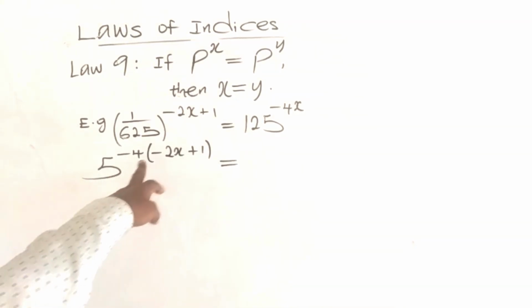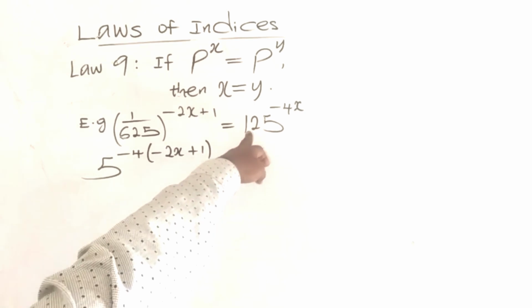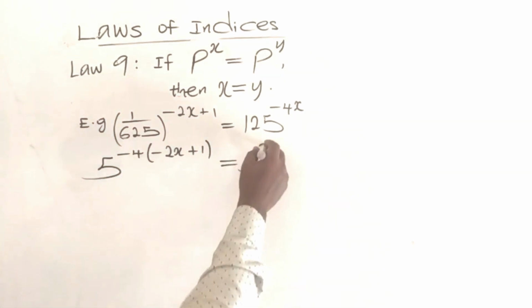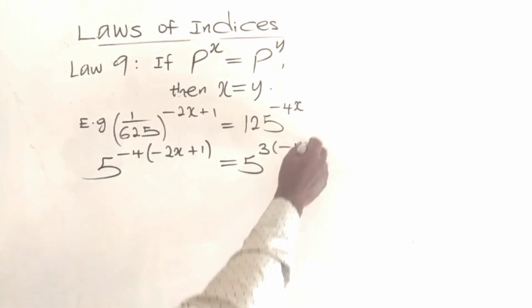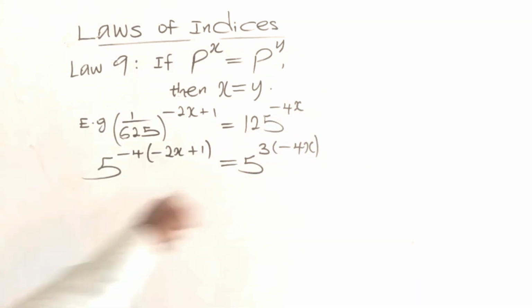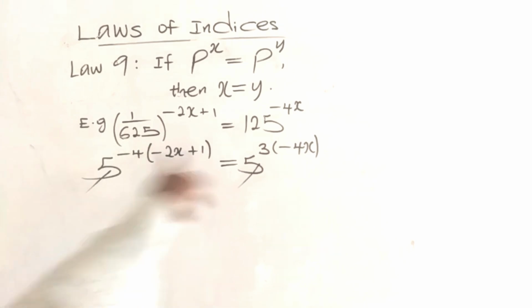Five raised to the power minus 4 into bracket minus 2x plus 1 equals, then we change 125 to 5 raised to the power 3. Five raised to the power 3 into bracket minus 4x. Now it is time to ignore the base according to this law. 5 cuts 5. Then open the bracket and equate the powers.